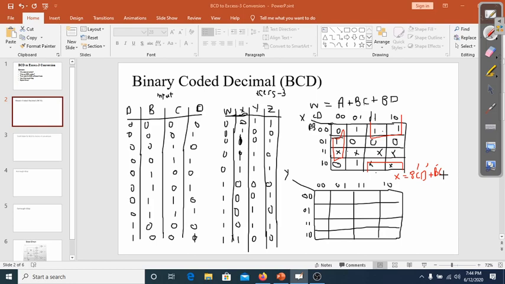Next, I'm trying to use a different color. Okay, it's okay. These two boxes 0 1 1 1, and these two boxes are adjacent.